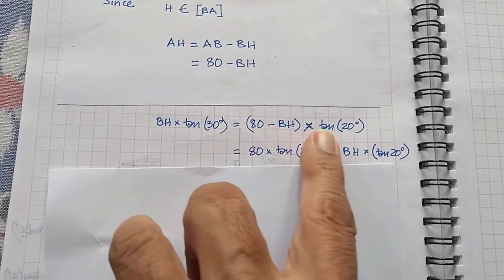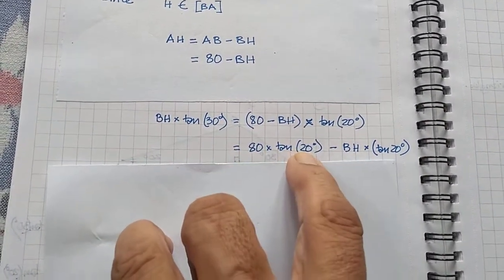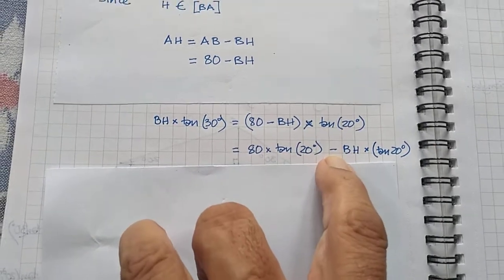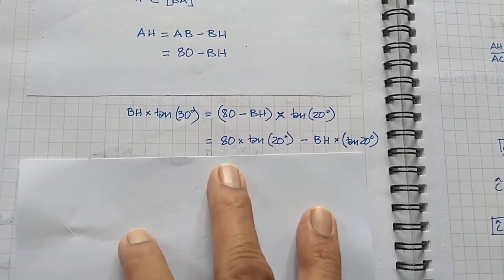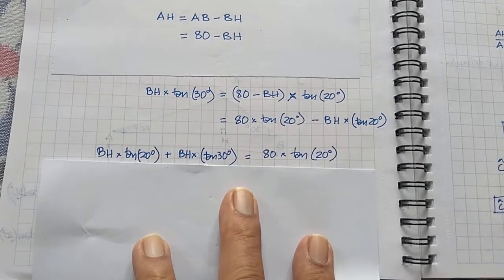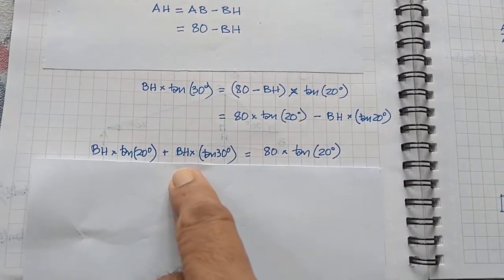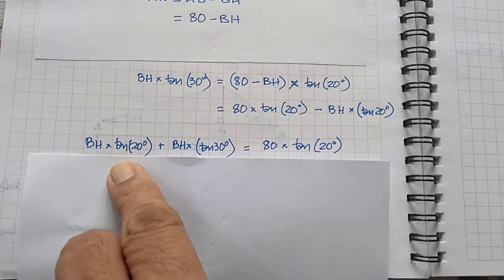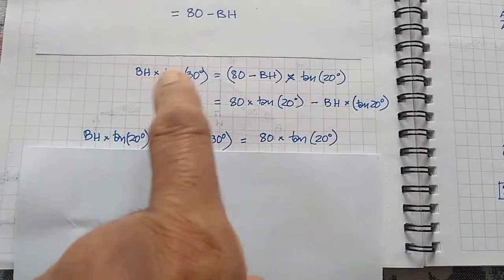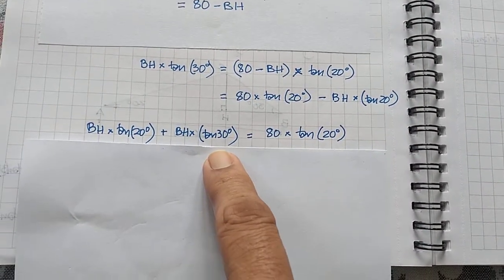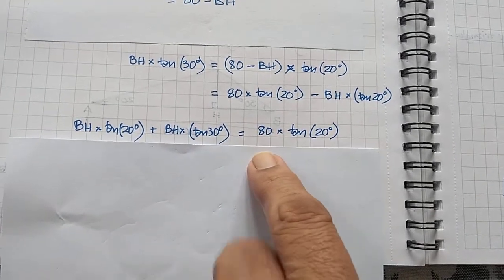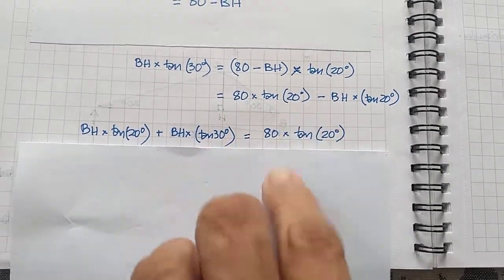So now if I expand this, it becomes 80 into tan 20 minus BH into tan 20. So I now take this term, because it's got BH on this side, the sign will change, it becomes BH into tan 20, and this one is BH into tan 30, equal to 80 into tan 20.